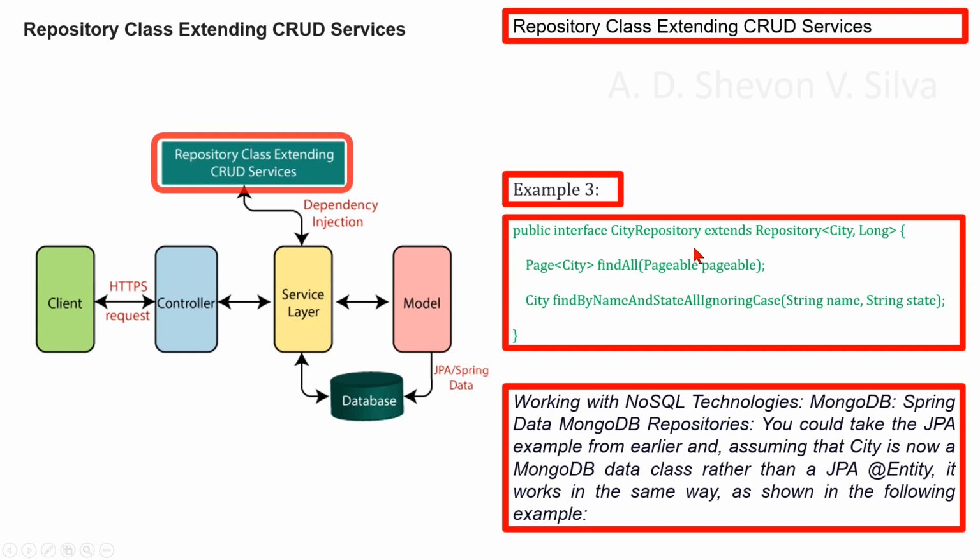You could take the JPA example from earlier and, assuming that City is now a MongoDB data class rather than a JPA @Entity, it works in the same way as shown in the following example. You can customize document scanning locations by using the @EntityScan annotation.